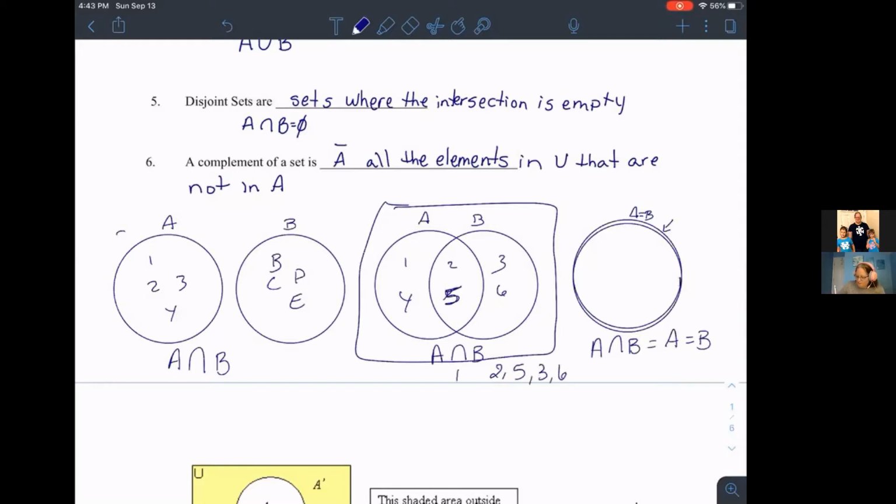That would be the complement of A. But you would probably put it in order, so it would be the 2, 3, 5, and 6, because they're usually in numerical order. Okay. Any questions? Let me know.